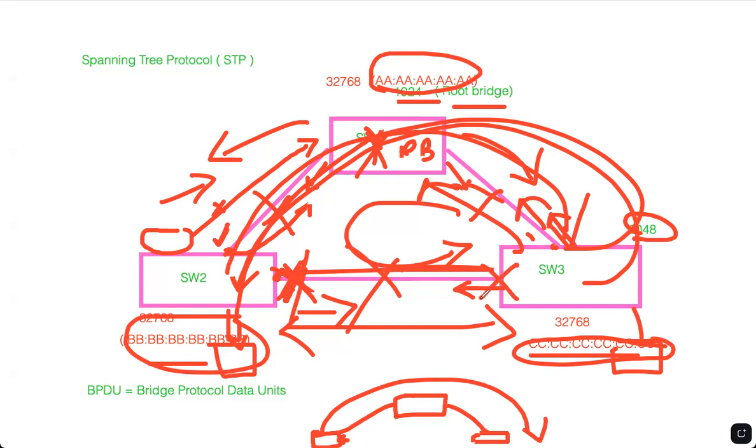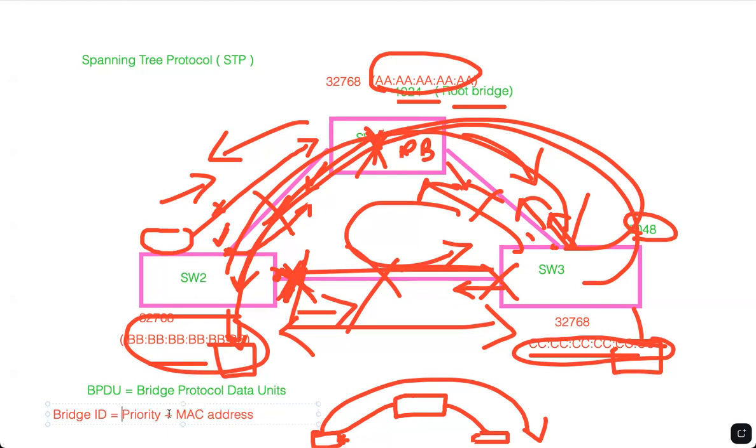Okay. So if the priorities are all matching, whichever switch has the lowest MAC address, that becomes the root bridge. So the formula is bridge ID equals priority plus MAC address.